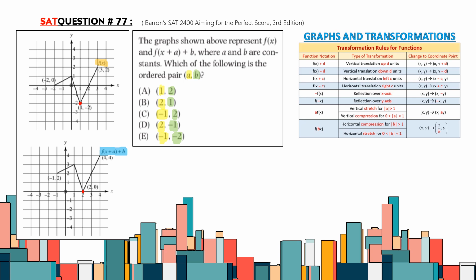So if I put those 2 graphs on the same coordinate x and y, that point now goes up here, okay? The point 3 comma 2 becomes 4 comma 4.